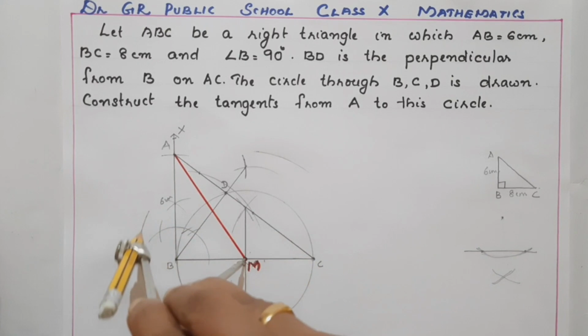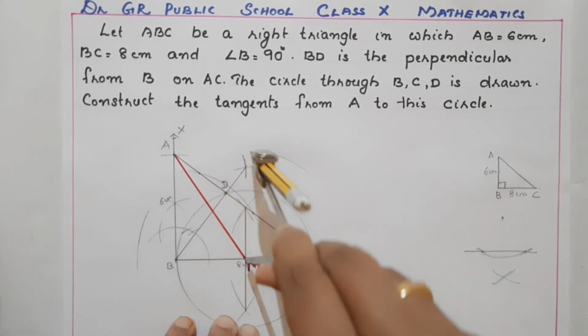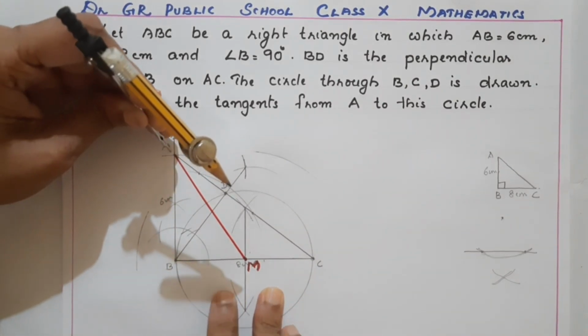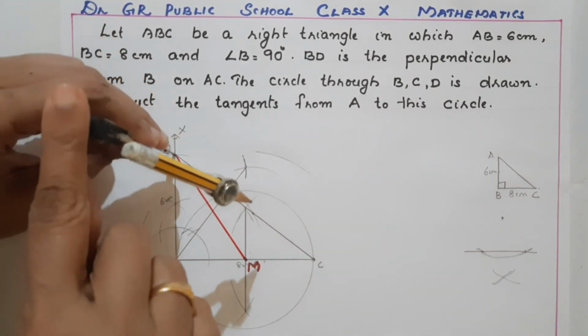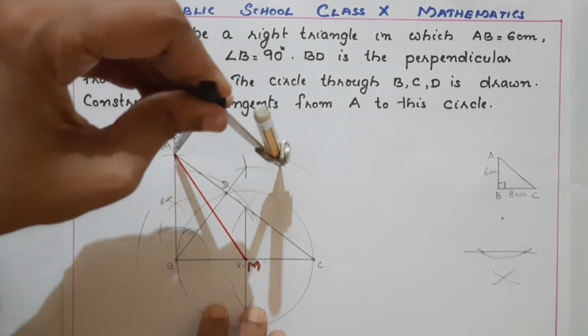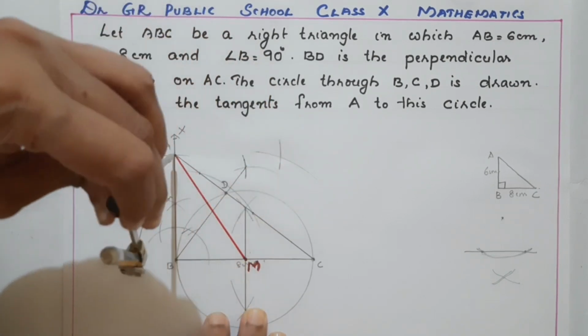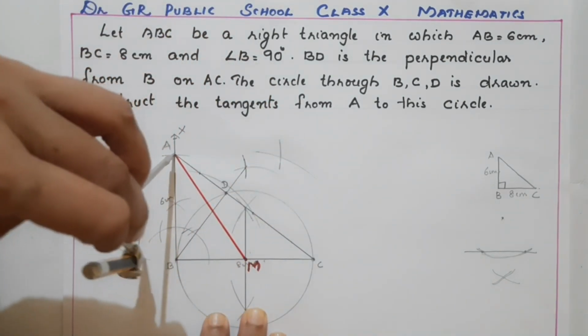This is our one arc. This is another arc. Then from A with the same radius, here and here.